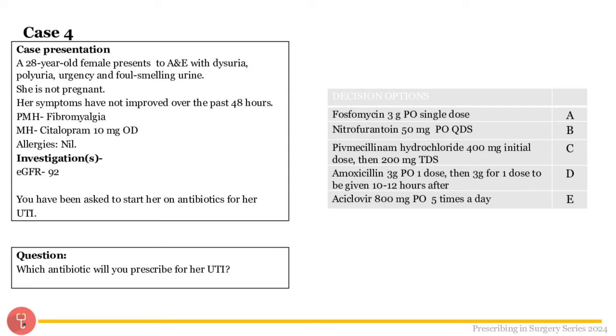So we've got 5 responses so far, with 100% of people going for B, nitrofurantoin, 50 milligrams QDS.